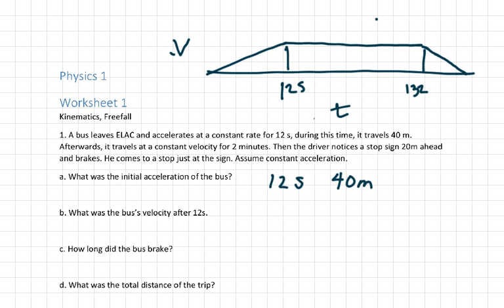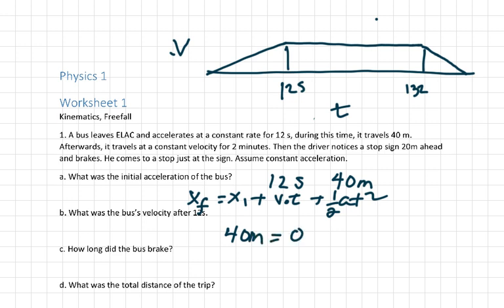Okay, so I'm going to use x final equals x initial plus v naught t plus 1/2 a t squared. And I know x final is 40 meters. X initial we'll call 0. V naught, it starts at a standstill, so that's 0. Plus 1/2 a times 12 seconds quantity squared.